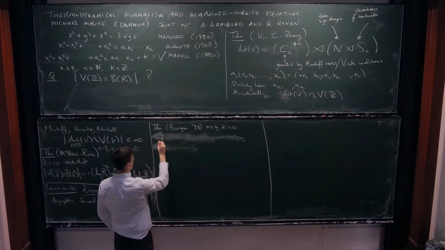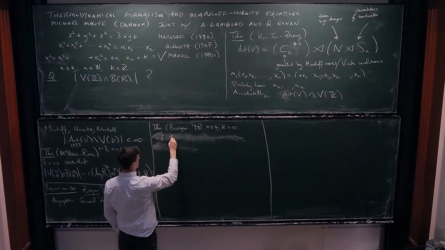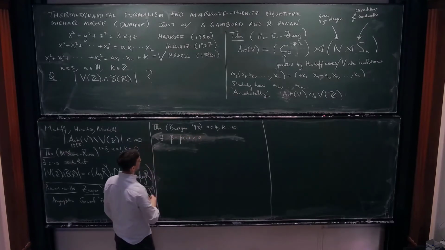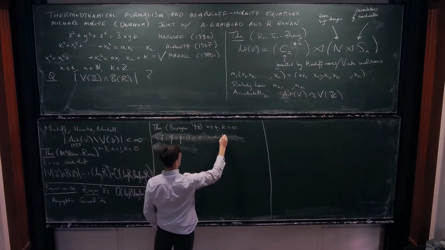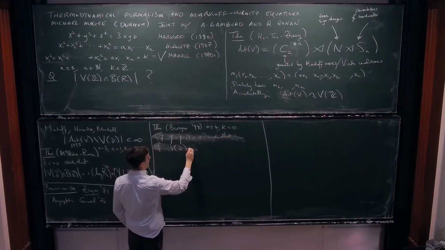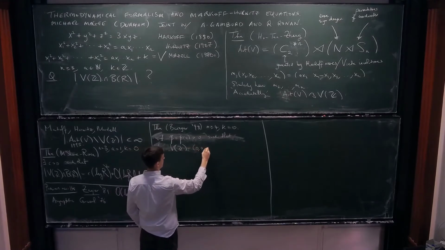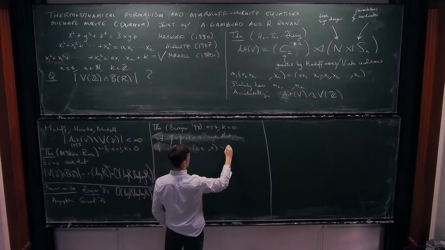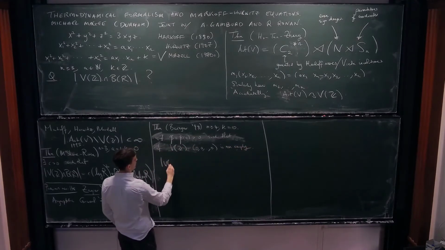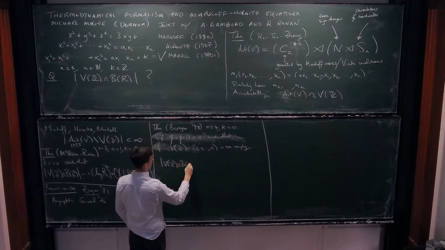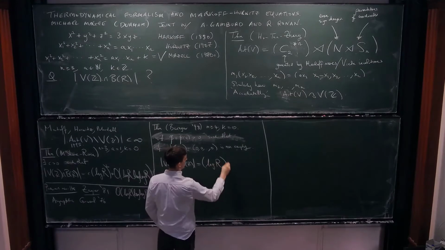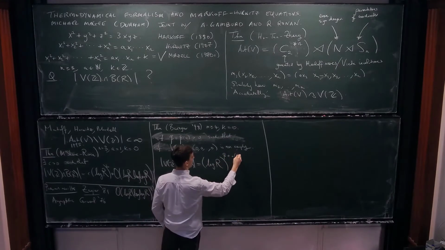So there exists, for each n, beta, which depends on n, which is greater than 0, such that if there are any non-trivial integer points, is non-empty, then the size of this intersection that I care about is log r to the beta plus small o of 1.